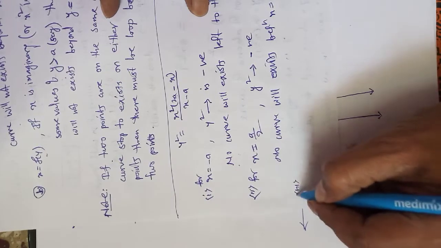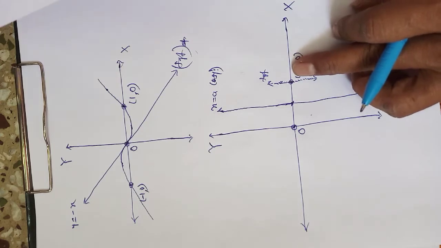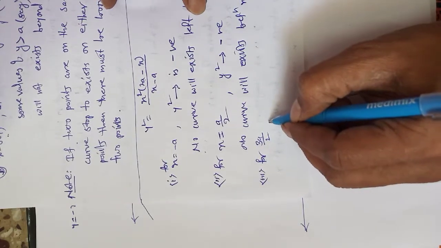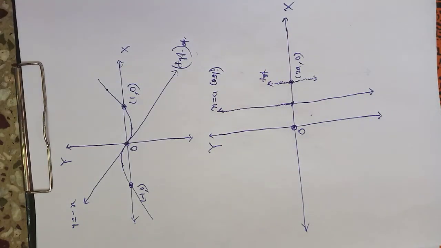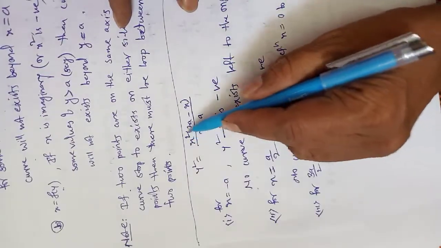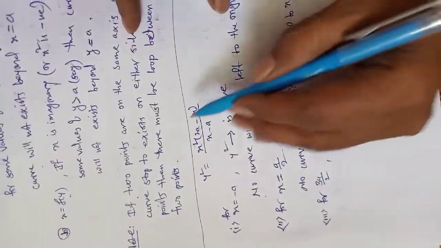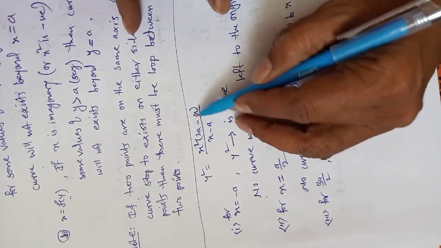So third, between a to 2a. So we'll select any value, say 3a by 2. Okay. So for 3a by 2, we'll see y square, negative or positive. This is positive always. 2a minus 3a by 2, so of course this is less than 2a, so it is positive.